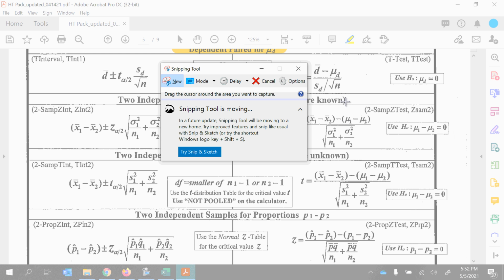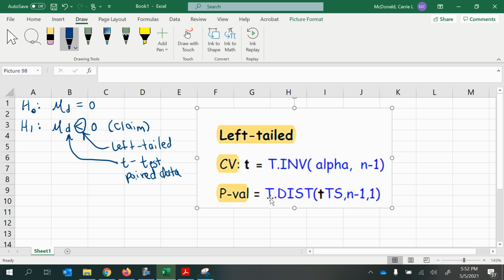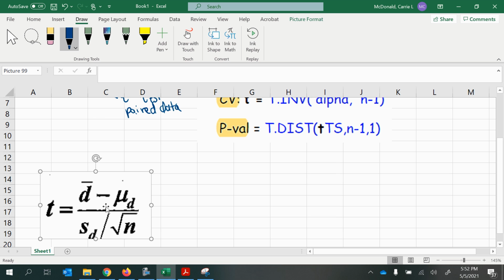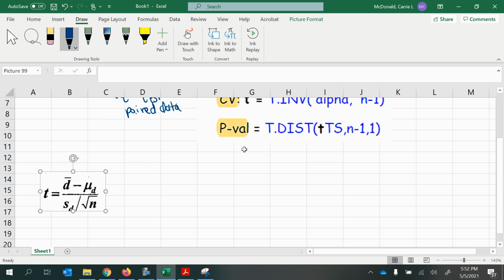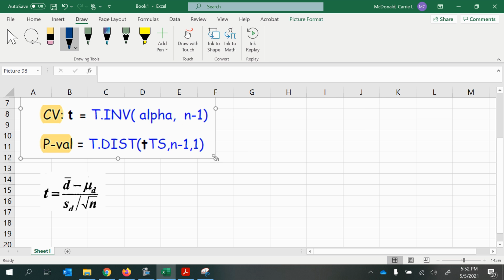Make that better. Okay, so we're collecting all the important information, formulas, etc., and then we're pretty much ready to start sketching our hypothesis test. Make this neater.